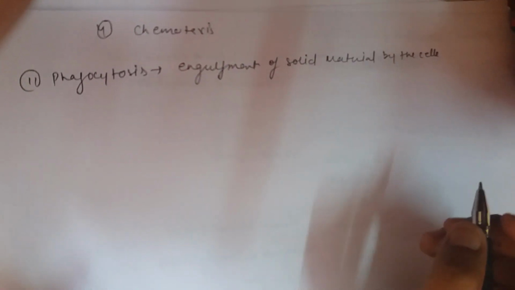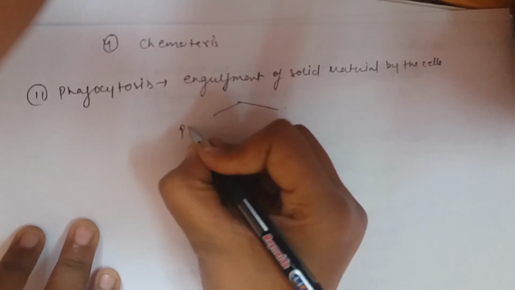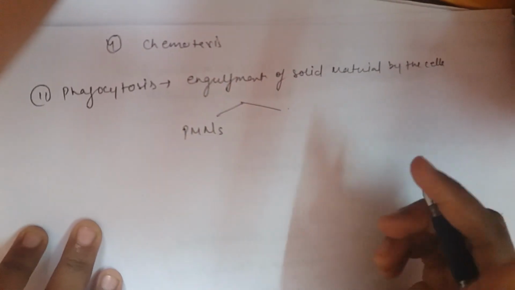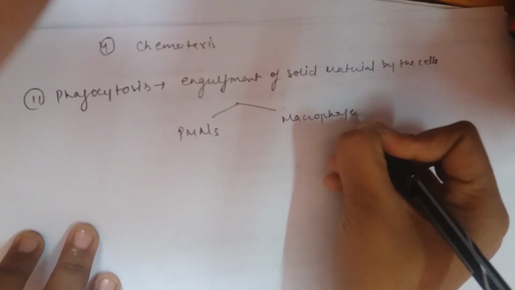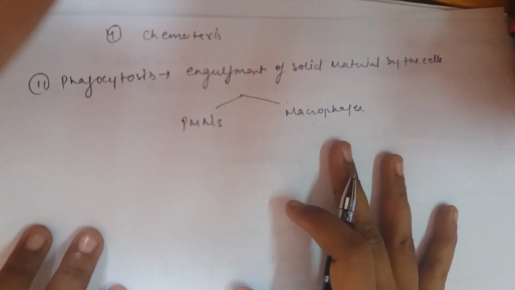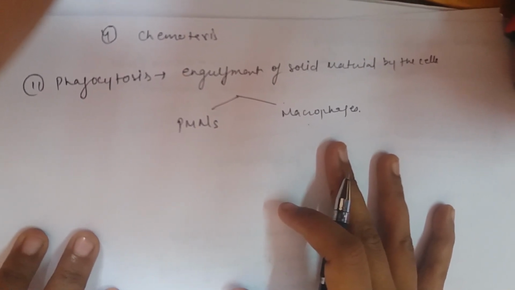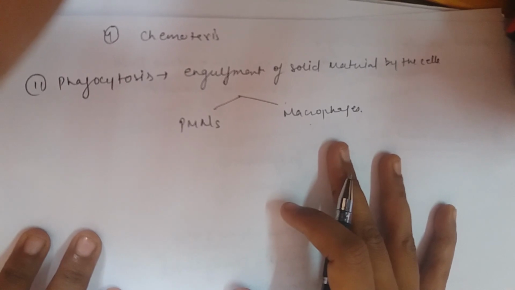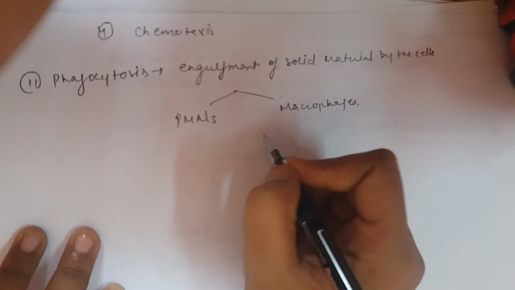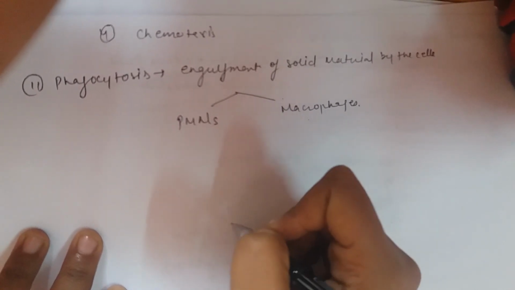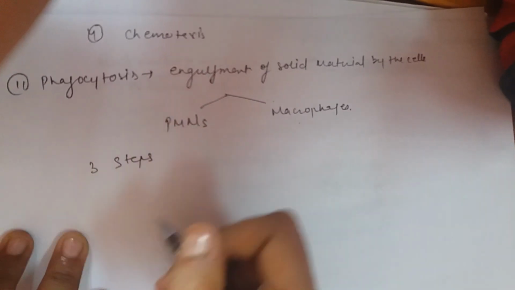There are two main cells which perform phagocytosis. One is the polymorphonuclear neutrophils, another one is the macrophages. These two cells perform phagocytosis in three steps.